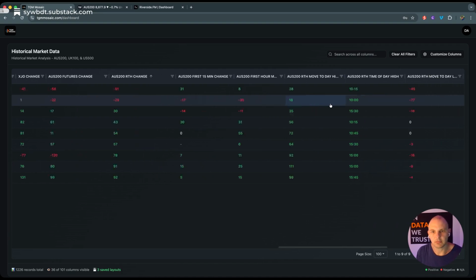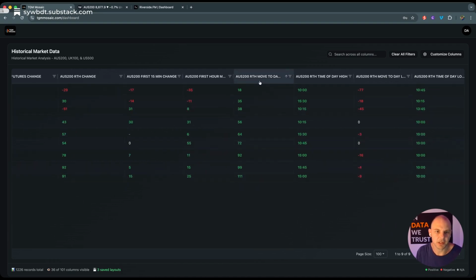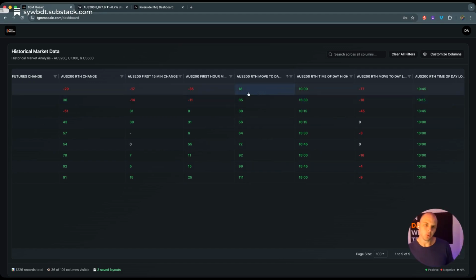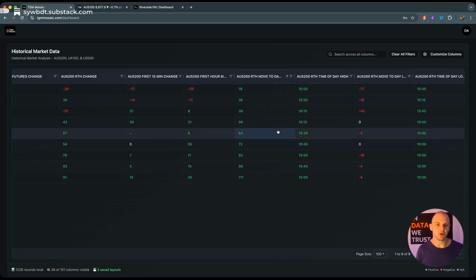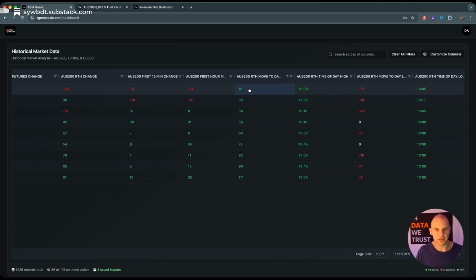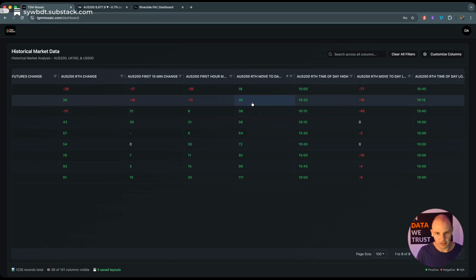One thing that I'll probably highlight here is I think that most people without this kind of data behind them would probably think, hey, we're well overvalued here compared to what the S&P has done. I'm going to short. I think it should readjust down to where the other markets are. You can see 100% of the time we've rallied at least 18 points from market open from 10 o'clock.